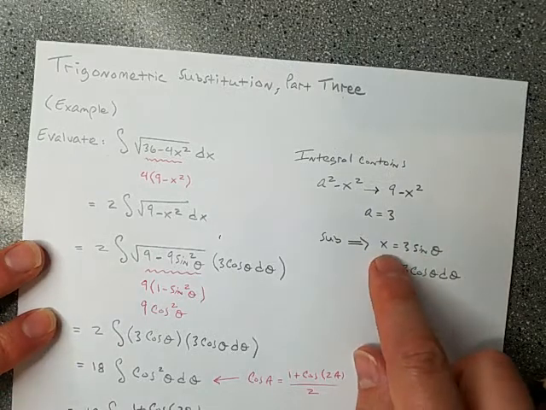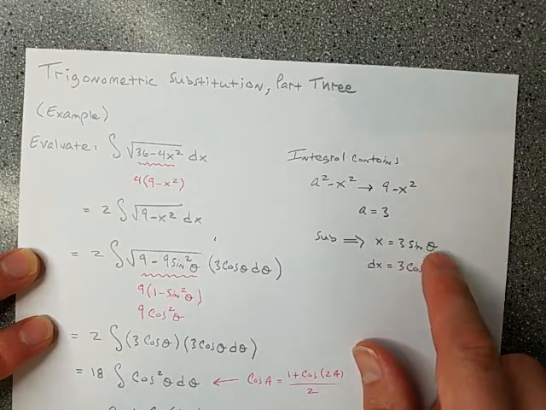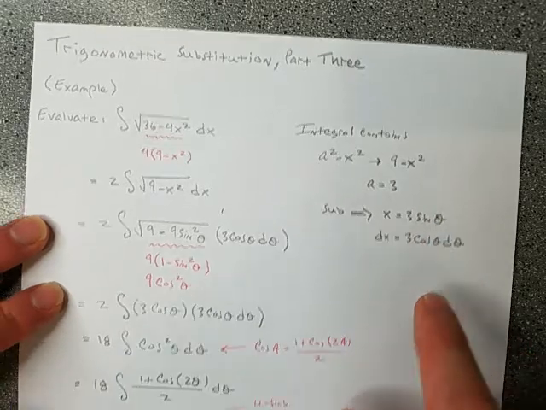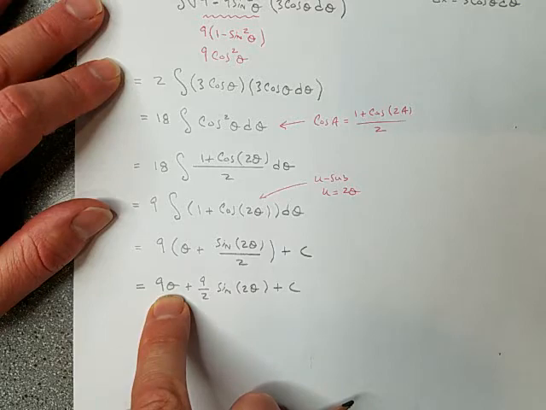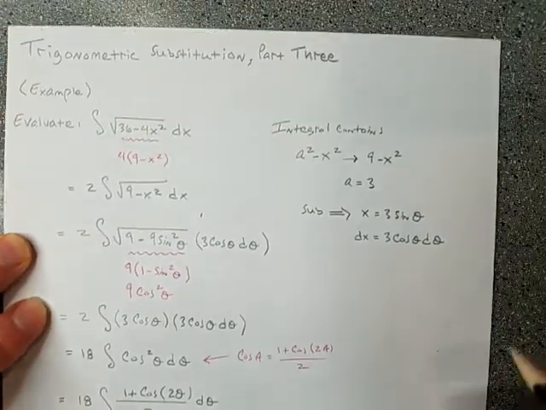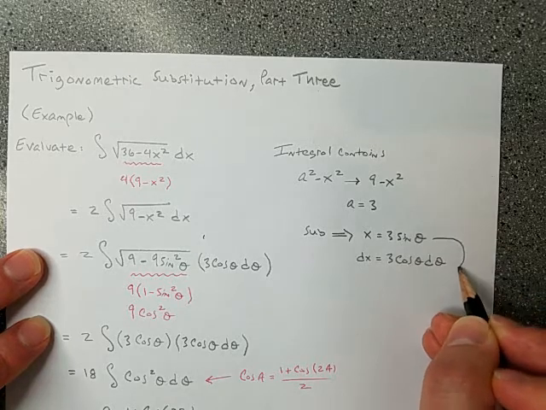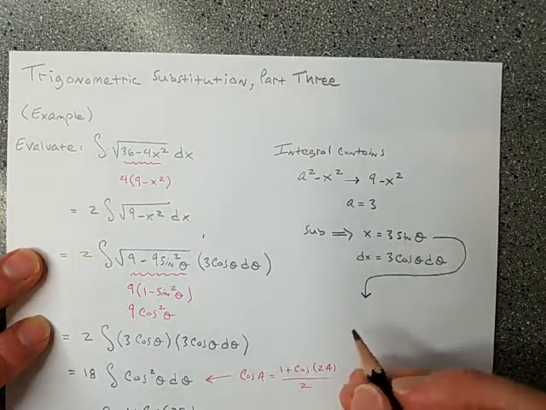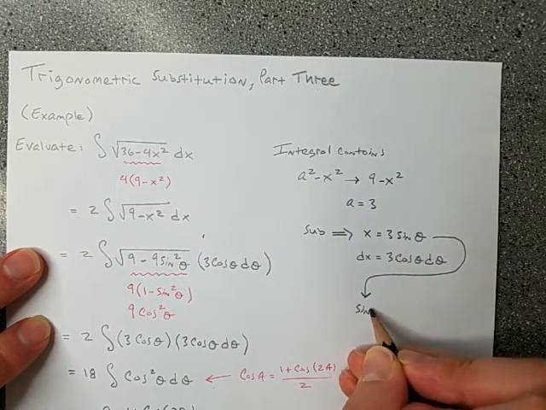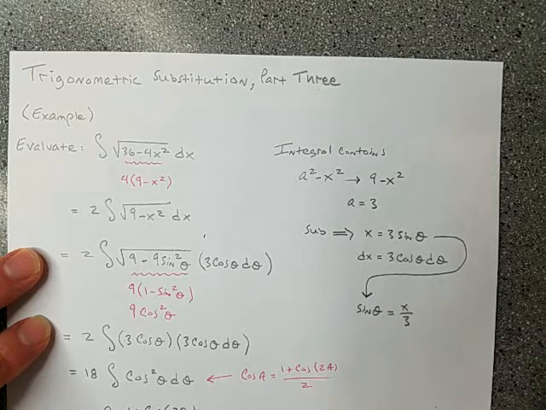One, if this is my original link between x and theta, then I can solve this directly for theta and just plug it in right there. Okay? So in other words, I can say sine theta is x over 3. Okay.